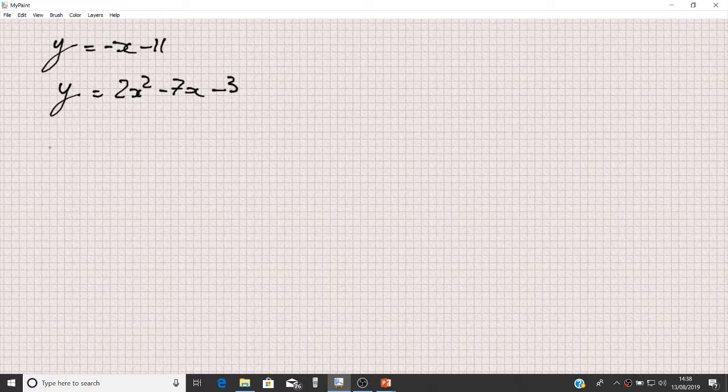Okay, so we start by setting the quadratic equal to the linear because the value of y is common to both equations. So I'll say 2x squared minus 7x minus 3 equals minus x minus 11. I'll bring everything to the left and set it to 0.